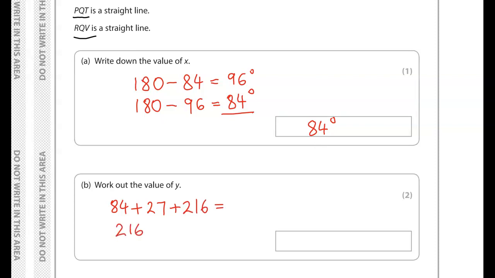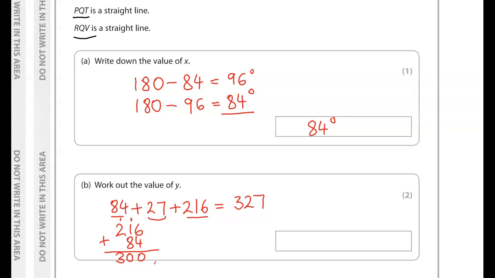So 216 add 84. 6 and 4 is 10, so 0 down and 1 is carried over. 8 and 1 is 9 and the 1 is 10, so 0 down and 1 carried over. 2 and 1 is 3, so that makes 300. So we need to add 27 to that, and that gives us 327.